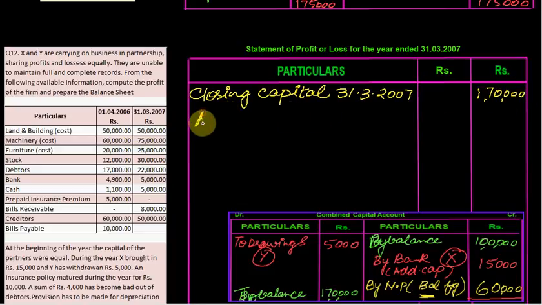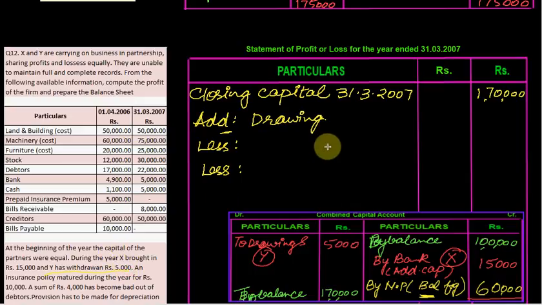Now add, less is my code, and add का D उठाओ. Drawing 5,000. It is mentioned that Y has withdrawn 5,000, so 5,000 drawing. ऐड कर दिया उसको. पूरा ऐड उठा के नीचे लाओ.